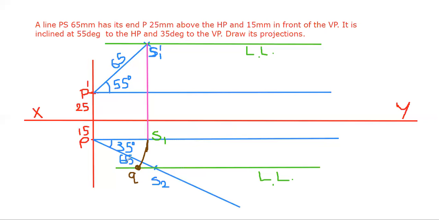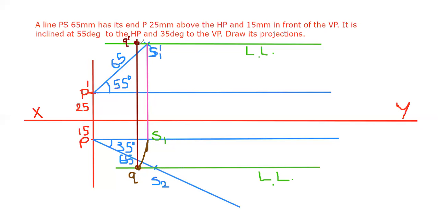So after that, through point Q, draw one vertical line up to the locus line of the front view. Straight vertical line you have to draw so as to cut the locus line in the front view. Got it? So it will intersect the locus line at one point. That point we can say as Q dash.